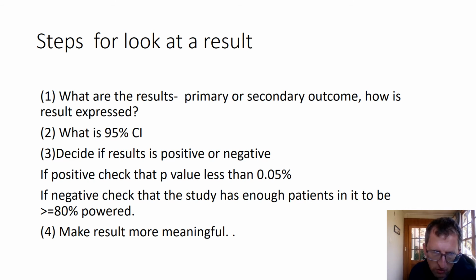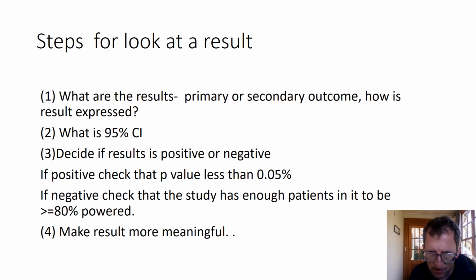We then looked at the result and turned it into a 95% confidence interval, which basically means if I did that study 100 times over, 95 out of 100 times, what range would the true value of the result lie between? Having done that, we then decide whether the result is positive or negative.